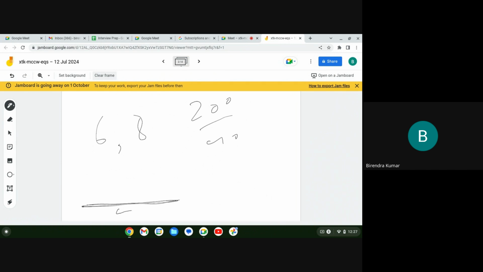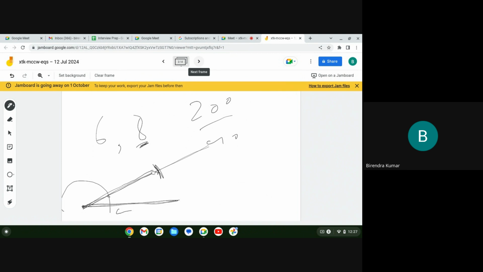You put the semicircle here and see where 20 degree is, mark that point and draw a line like this.